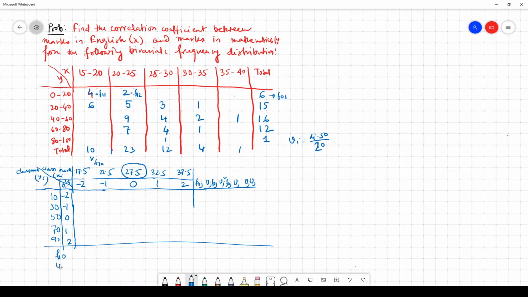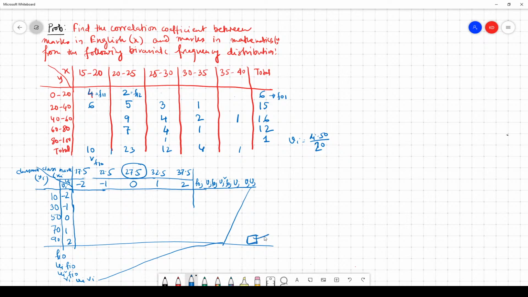Fi naught, ui, fi naught, ui square, fi naught, then vi, and the last row is ui vi. Please do this yourself, okay? To check whether your computation is correct or not, you need to check this column and this column.